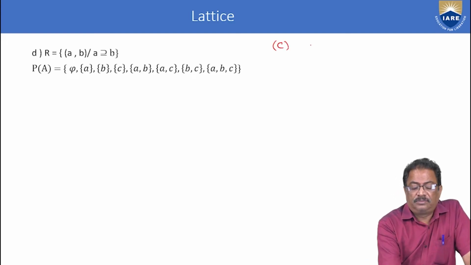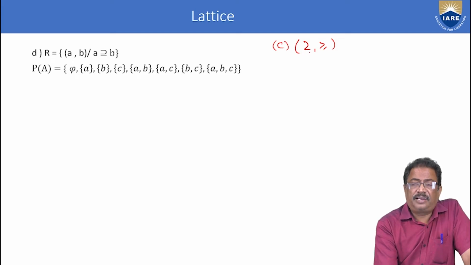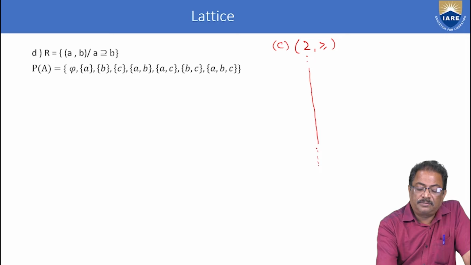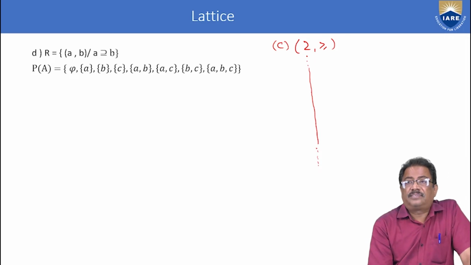So Z with greater than or equals to. Z is an integer set and the relation is greater than or equals to. So this is an infinite set I am going to get.